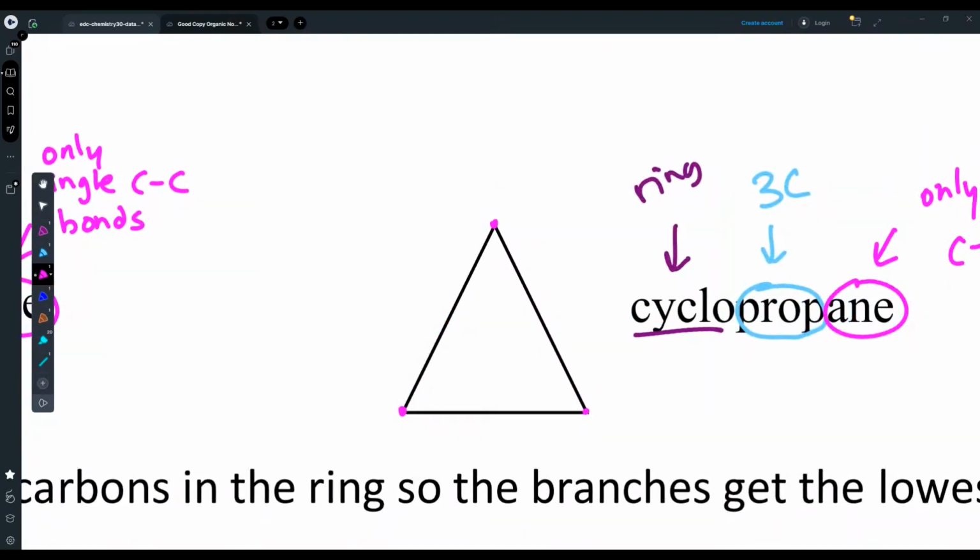With this one here, once again, each carbon likes to have 4 bonds, so each of these carbons is going to have 2 implied hydrogens for a total of 6. So the formula for this is C3H6.